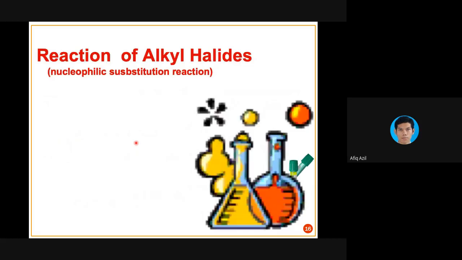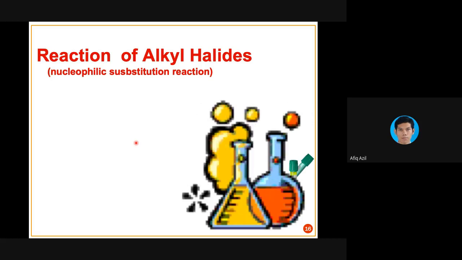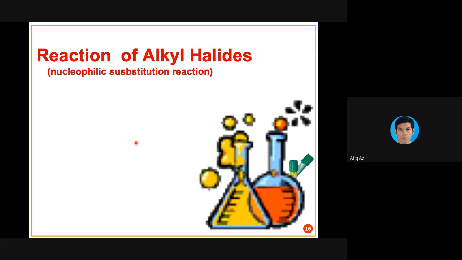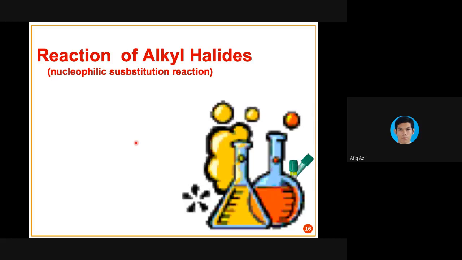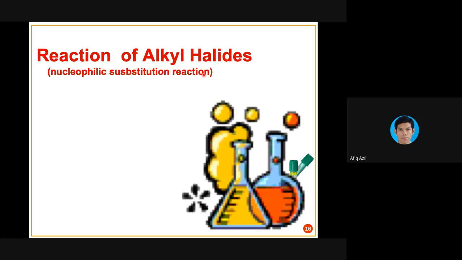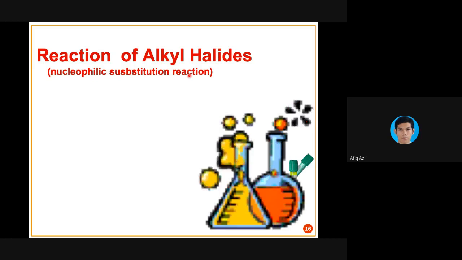Then on to the reaction of alkyl halide. So mainly all of the reactions of alkyl halide are basically known as nucleophilic substitution reactions. Okay, mainly all of that falls under this type.